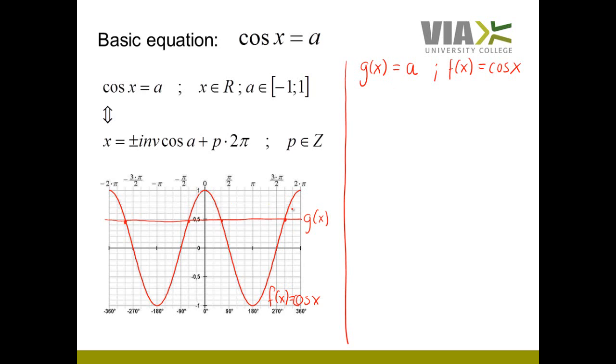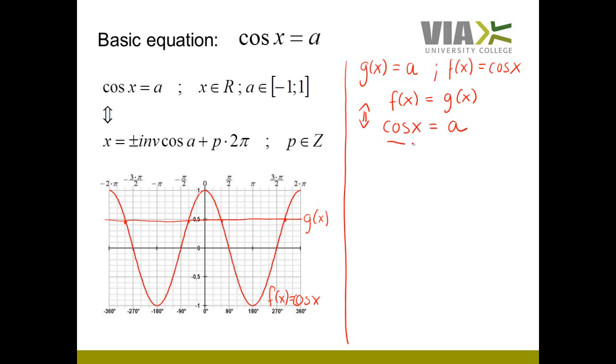Then we can find those intersection points if we find the points the two graphs have in common, and that must be when f(x) is equal to g(x). Recall from the first semesters that intersection points between two graphs will be when they have points in common. So when the two function values f(x) is equal to g(x), where f(x) is defined as cosine x and g(x) is defined as a.